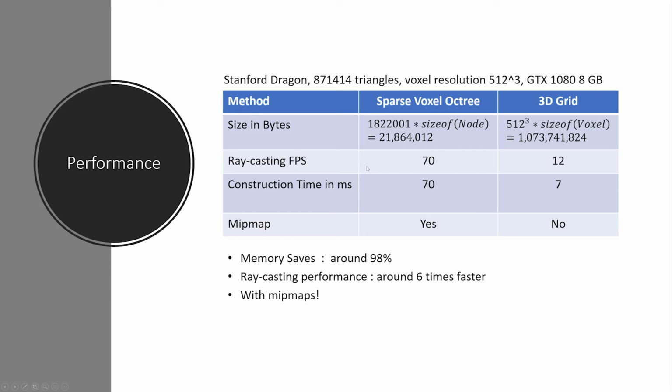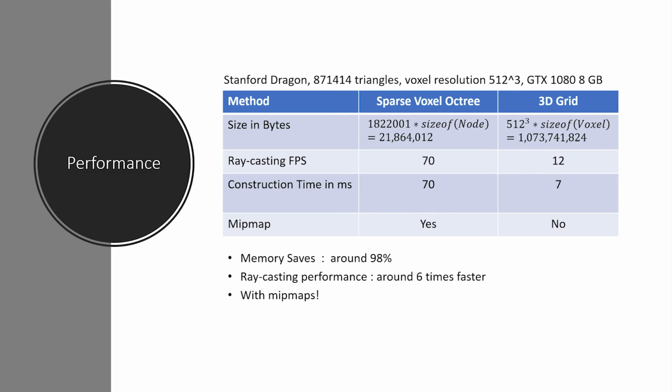Also, my raycasting performance is much faster. Although the construction of the octree is slower than the naive 3D grid, it's still quite a short time compared to the time spent in raycasting.